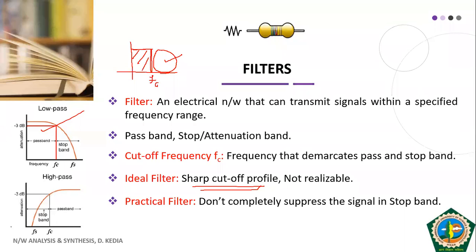Okay, and the frequency which demarcates the pass band and the stop band, that frequency is known as cutoff frequency. Okay, so cutoff frequency is an important parameter in case of our filter, which distinguishes between your pass band and the stop band.